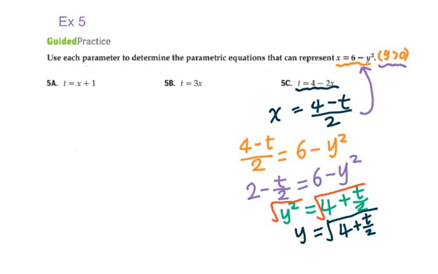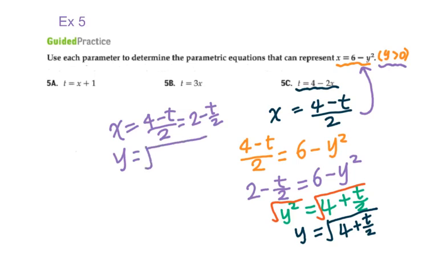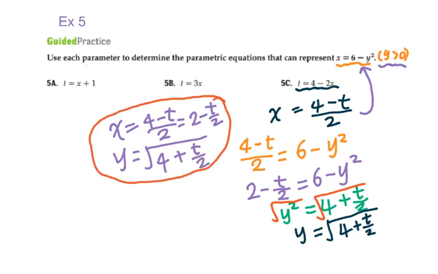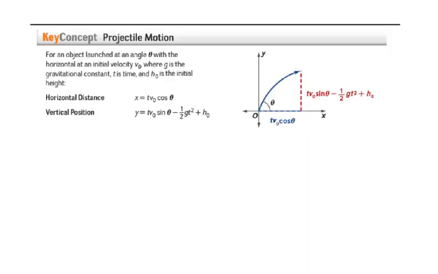Therefore, I will write down x equals 4 minus t over 2, or you can write down 2 minus t over 2, and y equals square root of 4 plus t over 2. This will be the parametric form of this equation.